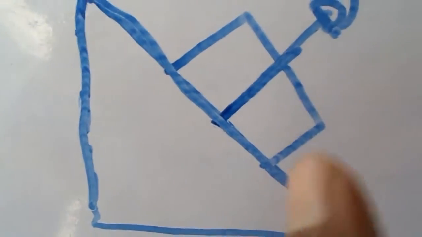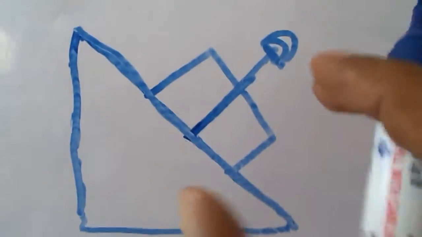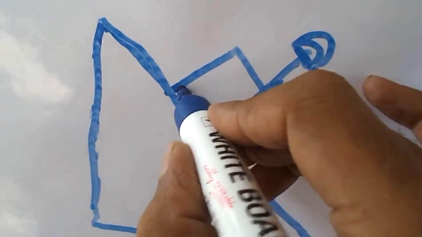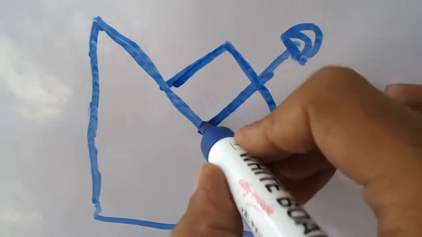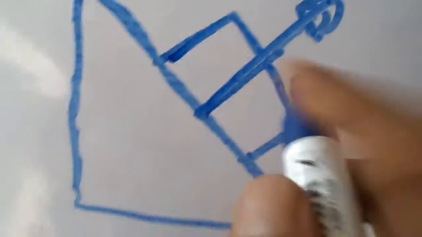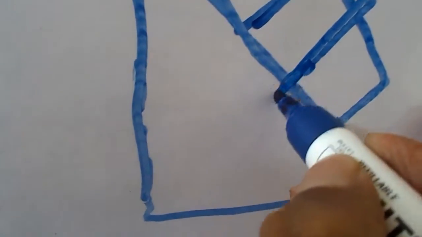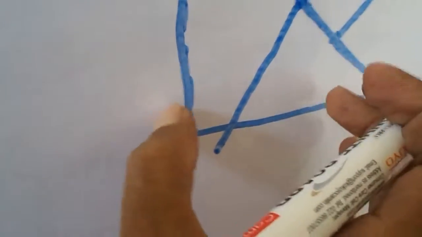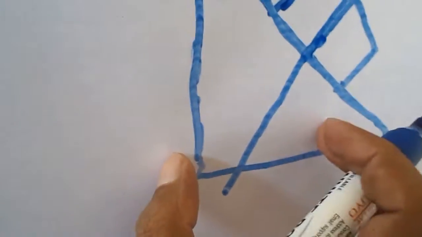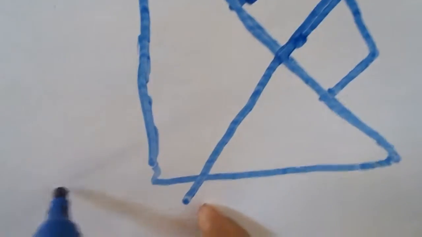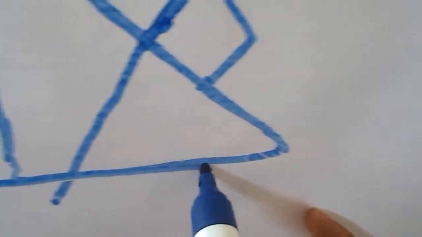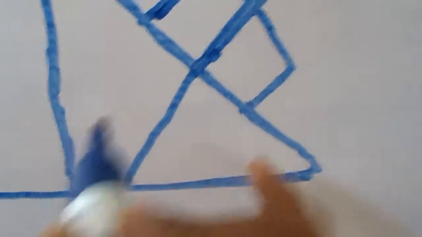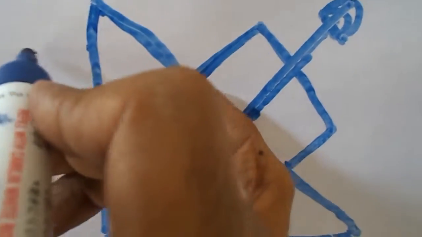This means that this block is not leaving this wedge, and this wedge is moving. This wedge is moving in this direction.